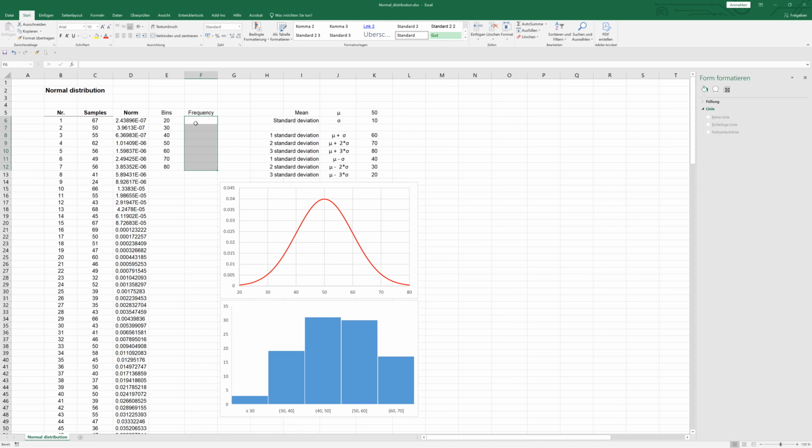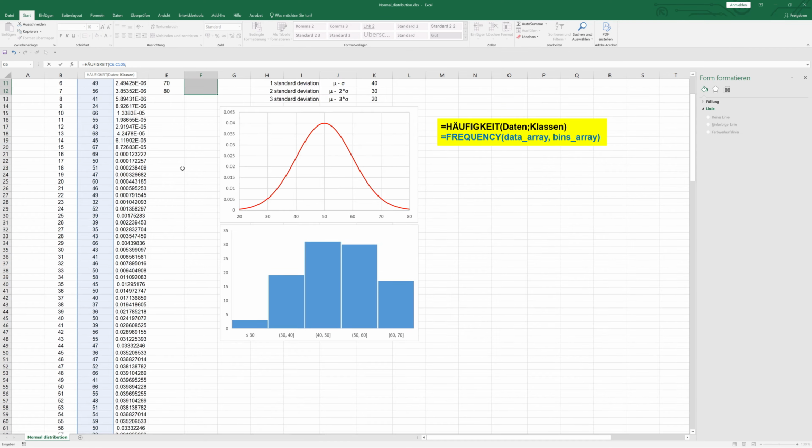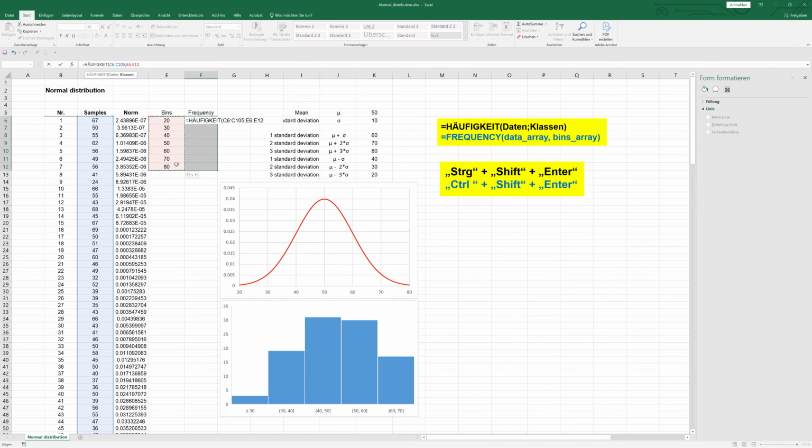We mark rows for frequency opposite the bins and give the function frequency, data array and bins array. Very important, to end this function, press Ctrl, Shift and Enter.